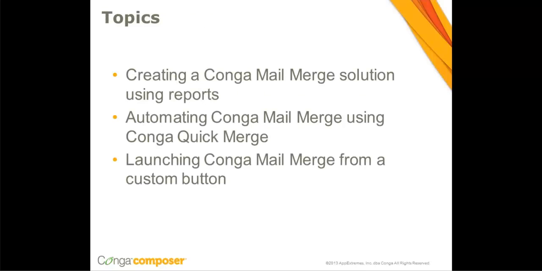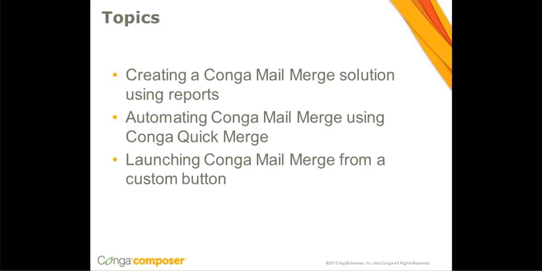The topics that we're going to start with today, the first one is creating Conga Mail Merge solutions using reports. So we're going to go through the Mail Merge wizard and incorporate a Salesforce report into our solution. Secondly, we're going to take that solution and tie this to a tool that we call Conga Quick Merge.